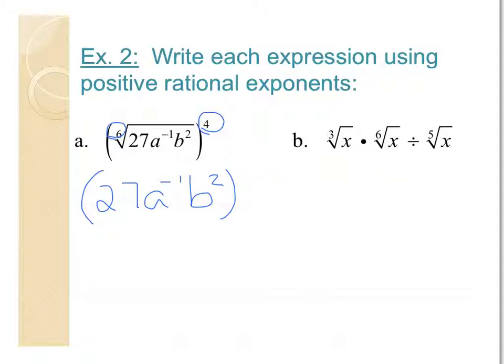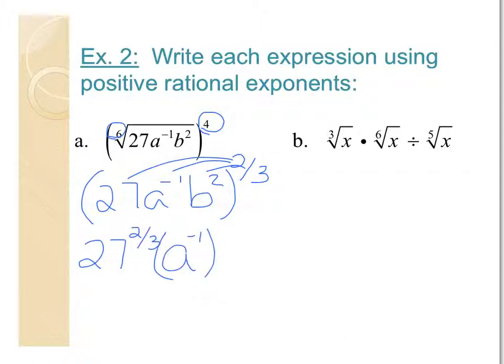And 4/6 reduces to what? 2/3. So then take the 2/3 and distribute it to each of the powers inside. So that will give you 27 to the 2/3, a to the negative 1 times 2/3, and then you have b squared to the 2/3 power.